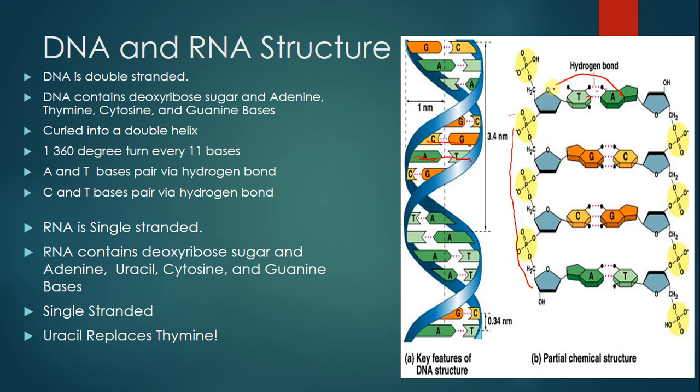Adenine always pairs with thymine, A with T, and cytosine always pairs with guanine, C with G. And you can notice A and T only form 2 hydrogen bonds, and C and G can form 3. So the C and G linkage is the stronger one.